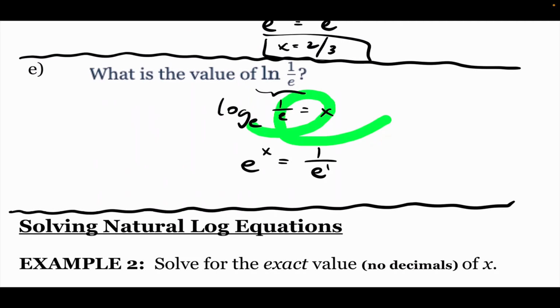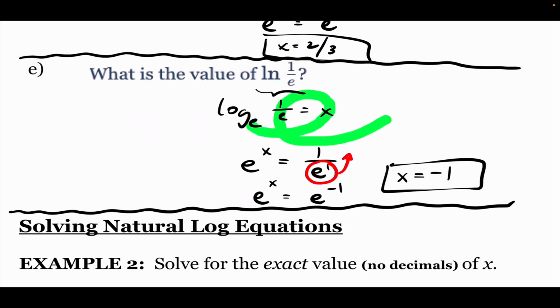So again, I need to move it up. So to do that, I got to change it to a -1 power. So now to make them the same, they both need to have a power of -1. Done. That's the missing power. Okay, that's part of it.